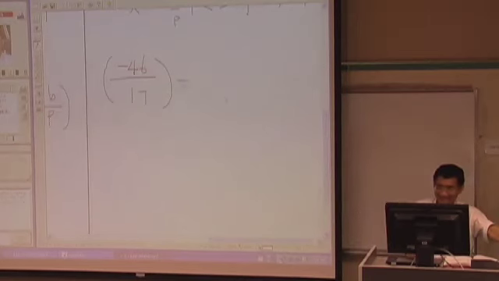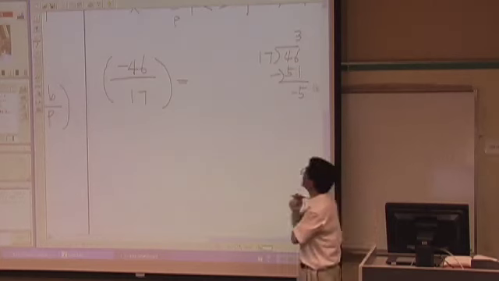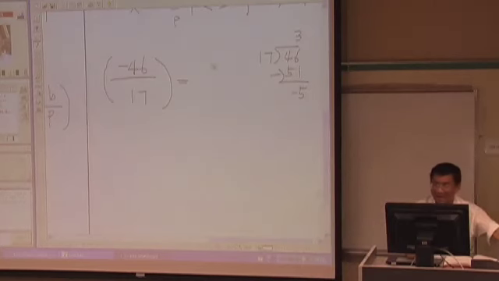I am not that fast, so let's divide. 46 divided by 17 gives us 3, then 51, then subtraction gives us minus 5, right? So minus 5, so it is 5, because we already have negative is positive.